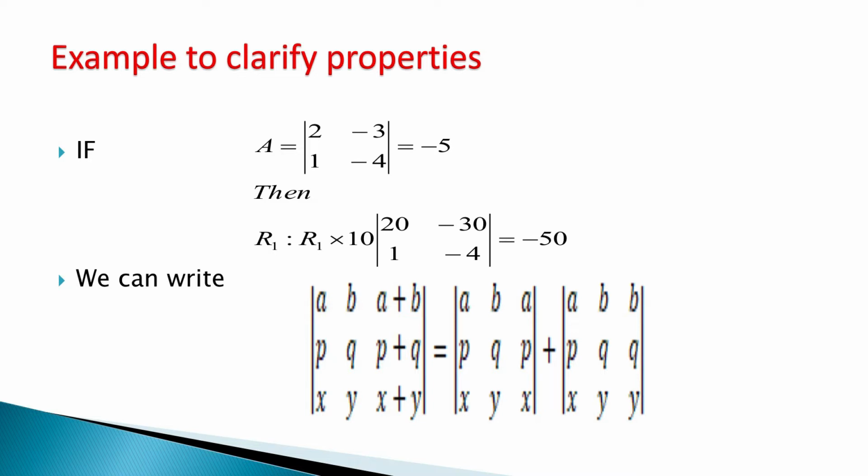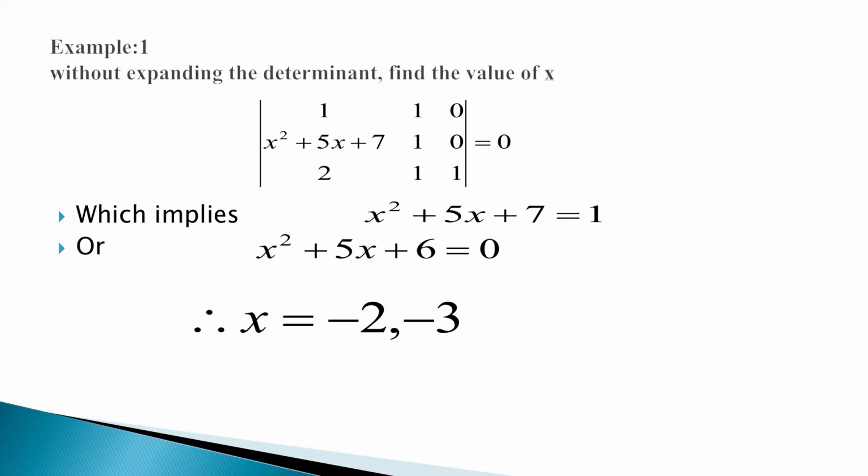Here, the third column is a sum of two elements, so it can be split over the sum of two determinants. Here is an example. Without expanding the determinant, find the value of x. Here the first column contains the elements 1, 1, 0, the second column x square plus 5x plus 7, 1, 0, and the third column 2, 1, 1.